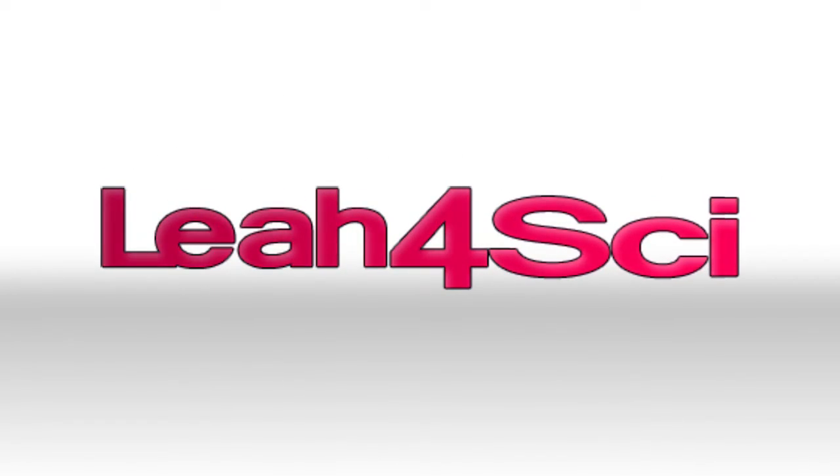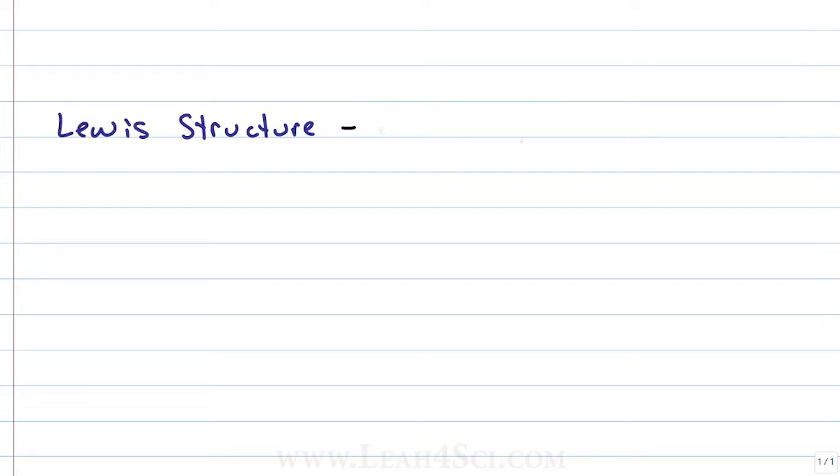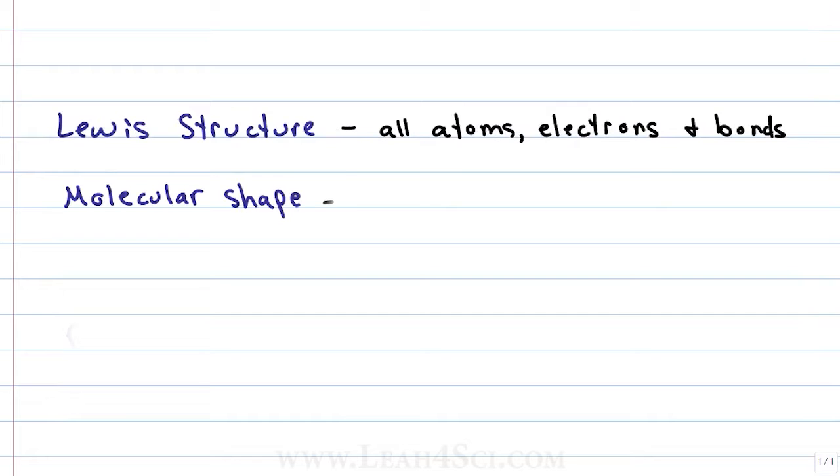Leah here from LeahForSci.com, and in this video, we're going to look at some practice problems drawing Lewis structure, identifying molecular shape, hybridization, and polarity for molecules. As a reminder, for Lewis structure, we're looking to draw every atom, electron, and bond on the molecule. That will give us the molecular shape, which is the three-dimensional structure.